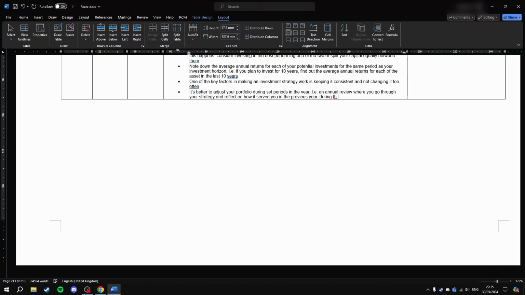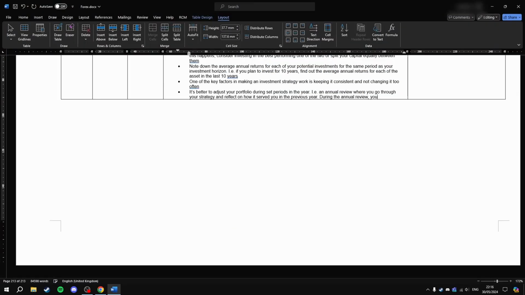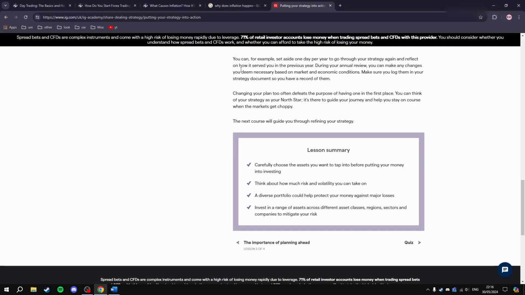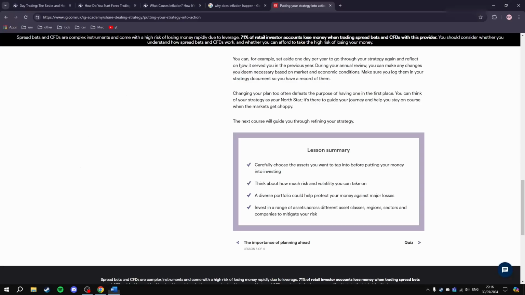During the annual review, you can make any changes you deem necessary based on markets and economic conditions.